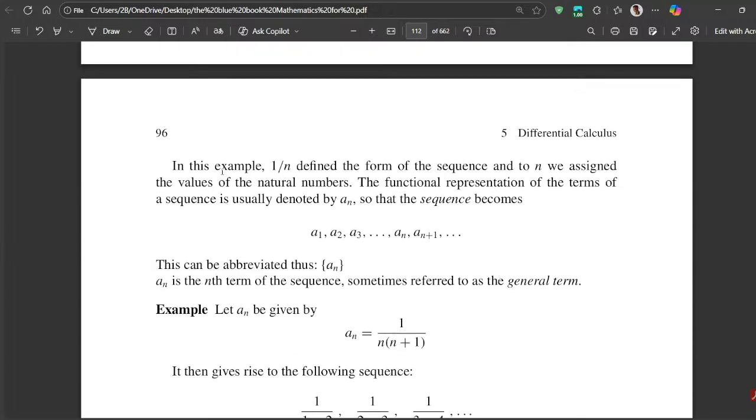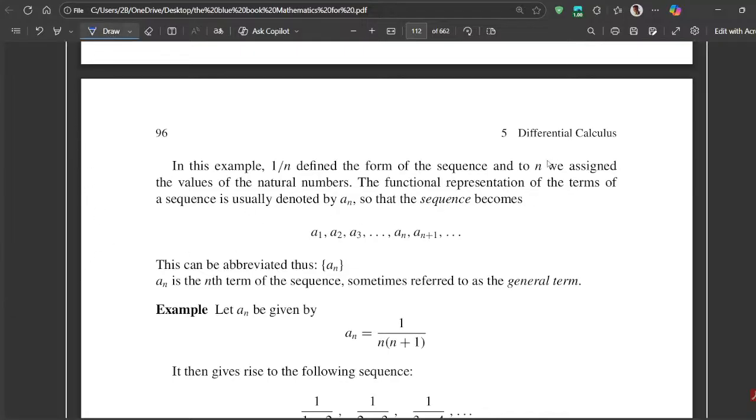Supplementary information. In this example, 1 over n defined the form of the sequence, and to n we assigned the values of the natural numbers. The functional representation of the terms of a sequence is usually denoted by a_n. Understandable.